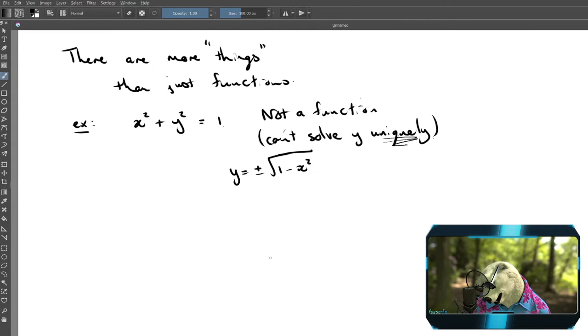if I was given an x value, for example, if x is equal to, let's go with, I don't know, maybe 0.5.